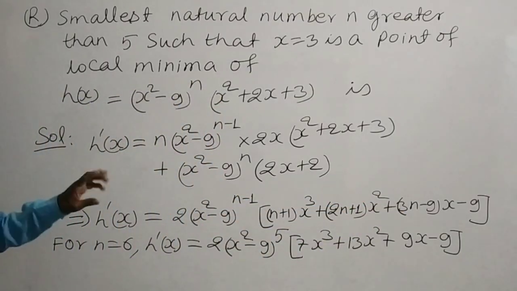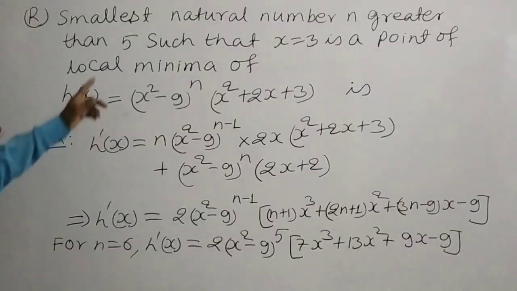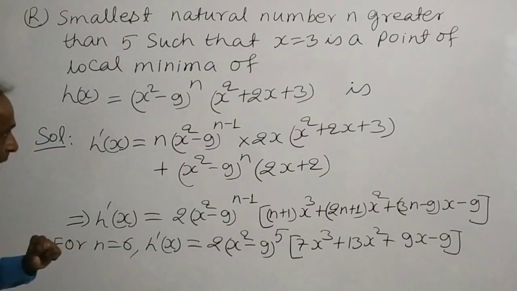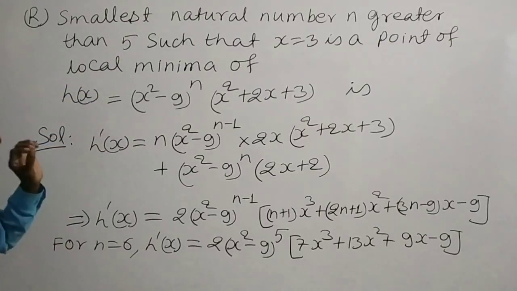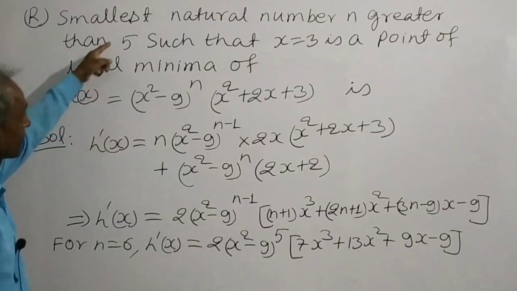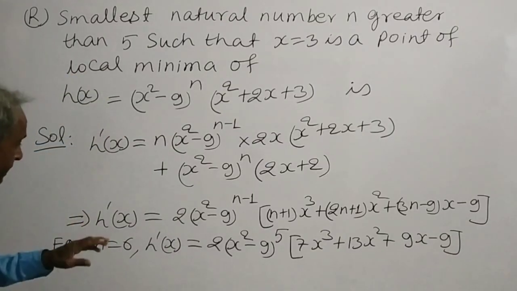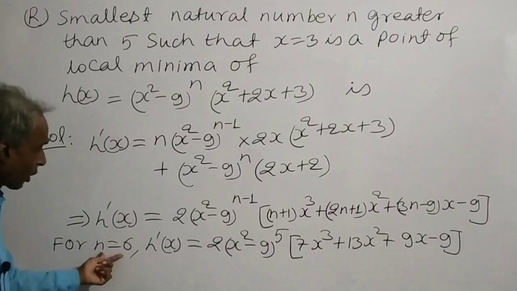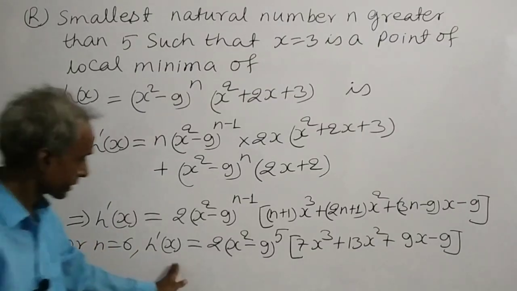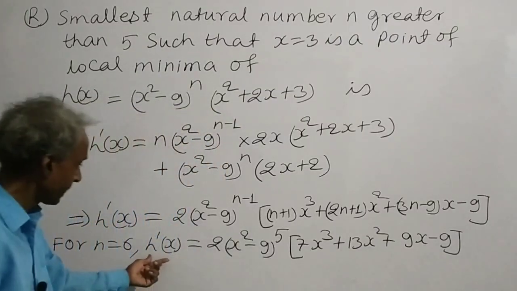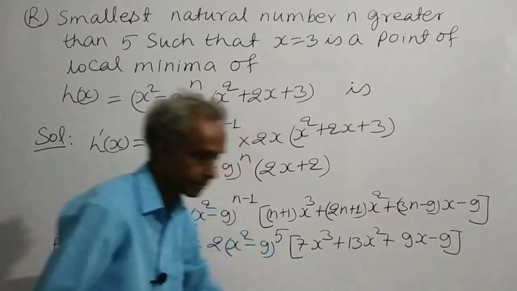Since we have to find a smallest natural number which is greater than 5, a smallest natural number which is greater than 5 is 6. Therefore, first we find h'(x) for n equal to 6, and then h'(x) is this.